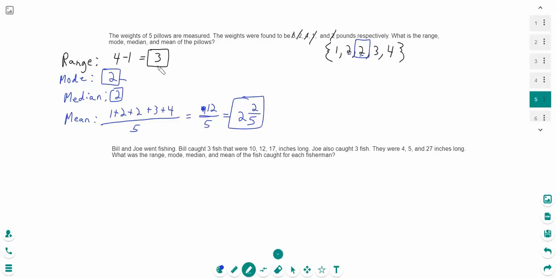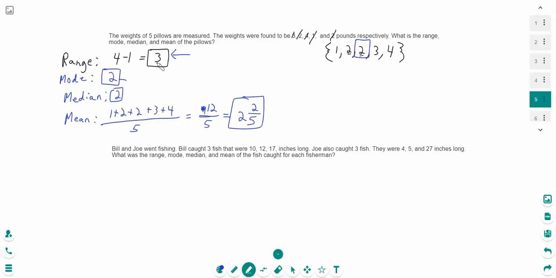The range is 3, which means it's spread out over 3 units, which is a good thing. And I should probably say that the range is the one that doesn't really give us an estimate at that central number. The range is just there to show us how spread out this data set is. So the smaller the range, the more accurate these numbers will be in determining that central number.